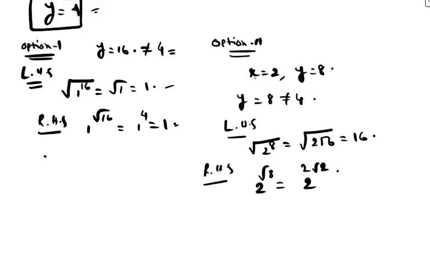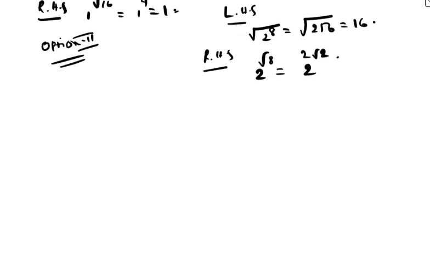So option 2 will be the right answer. Now check option 3. We got the answer, but it's okay. Option 3: x is equal to 3 and y is equal to 4. This is the special case where the identity works.